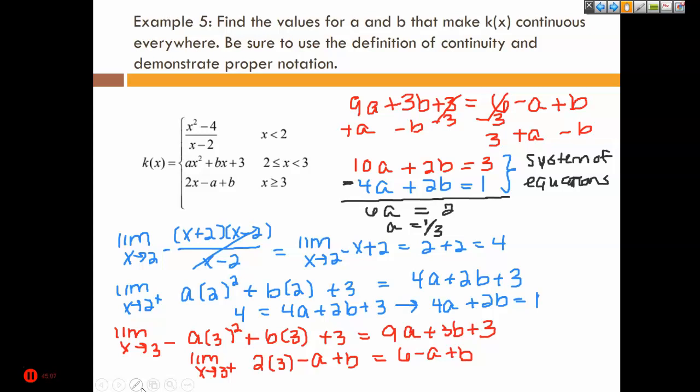And once you know a, you can use it to plug in to any of our functions and solve for b. So you have 10a, where a is 1/3, plus 2b equals 3. So you have 10/3. So you get 2b equals 3 minus 10/3.